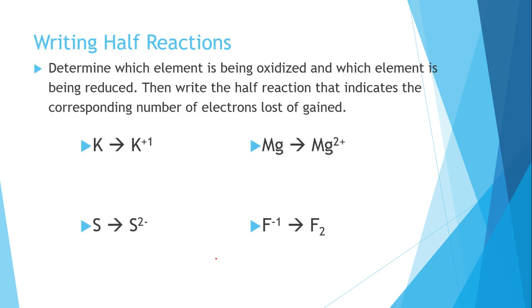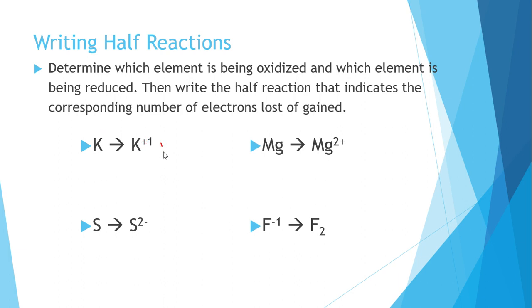So here I have a lot of simple examples that we can walk through to make sure that we're understanding what's going on. Here I have it where they don't have oxygen, and I have you telling me if it's being oxidized or reduced. If we look at potassium coming into potassium ion, I have 1 of each atom, so atoms are balanced. Here I have a +1 charge, here I have a 0 charge.